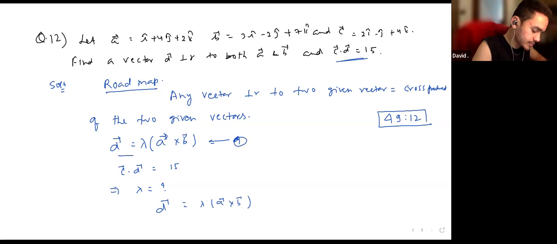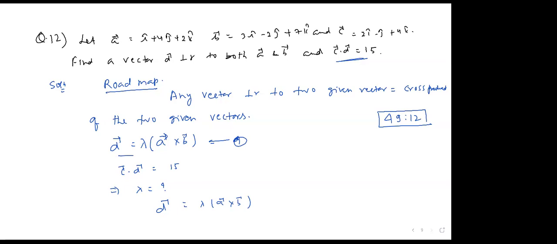And then use the dot product, C dot D is 15. Let me make you understand this question now. So D vector will be lambda times A cross B.